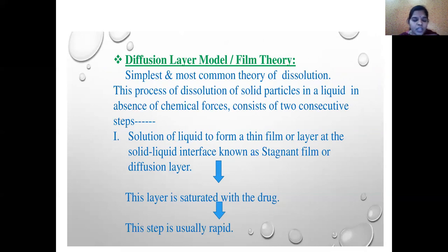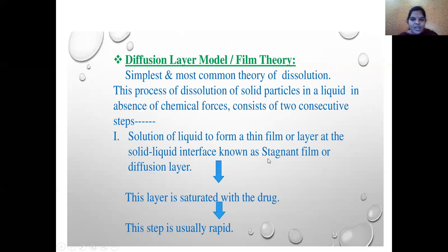No chemical forces are required, but it consists of two consecutive steps. First, solution of the liquid forms a thin film or layer at the solid liquid interface, known as the stagnant film or diffusion layer. This layer is saturated with the drug. This step is usually rapid.